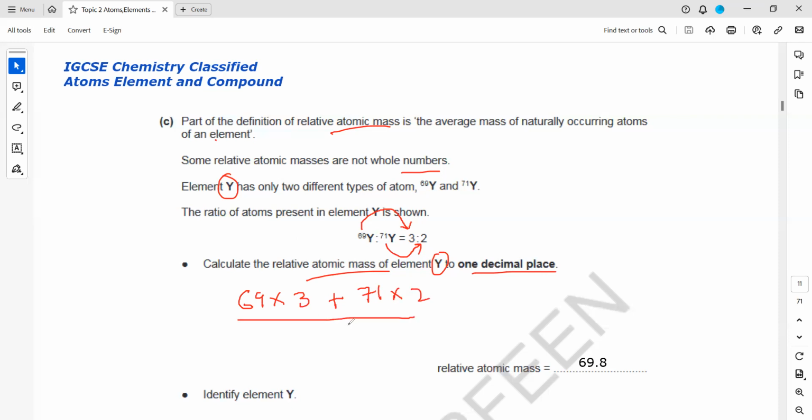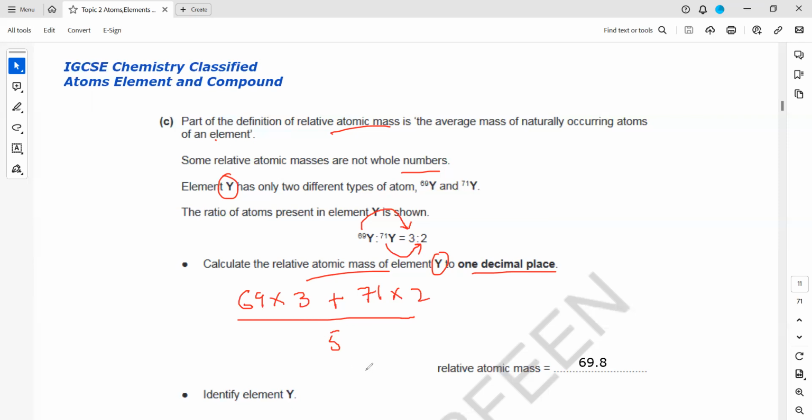How many fractions are there? The sum of the fractions is 5. So 69 into 3 plus 71 into 2 divided by 5. We have to write our answer to one decimal place, so it gives 69.8.